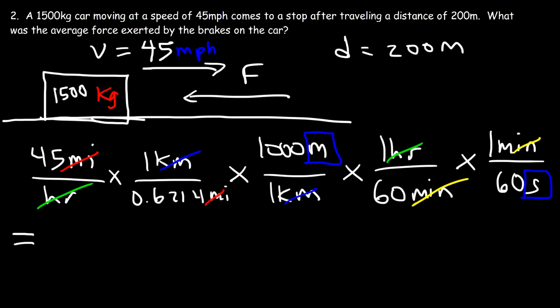So now let's do the math. We're going to multiply by the numbers on top and divide by the numbers on the bottom. So it's 45 divided by 0.6214 times 1,000 divided by 60, and then divided by 60 again. So you should get 20.1 meters per second.